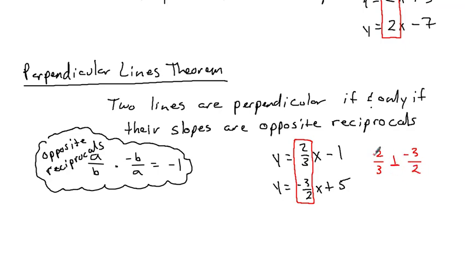Okay, perpendicular is when the slope is flipped over and the sign is changed. So if it was negative, it's positive. If it was positive, it's negative. The numbers switch places. Another example, just a real quick one, is if you see this, y equals 2x minus 4 and y equals negative 1/2 x plus 3.